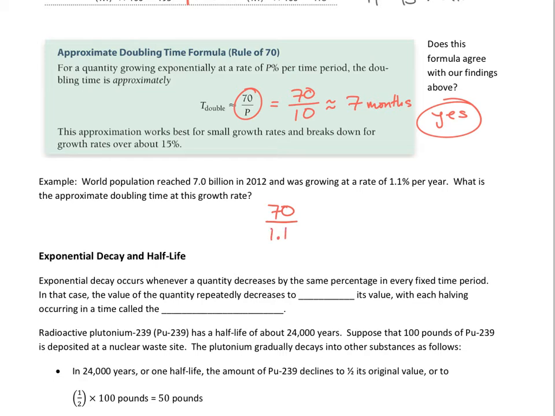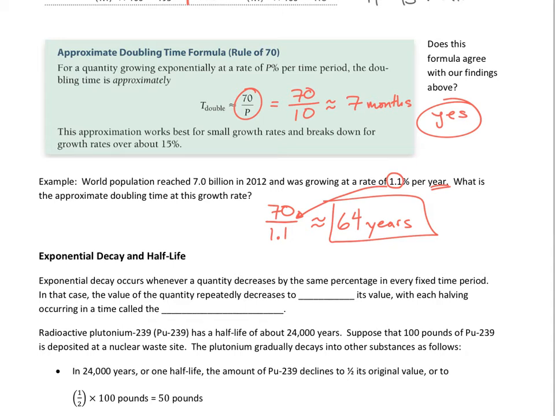And this time we do not move the decimal anywhere. In the previous example, I took the percent from up there and put it in this equation, and we got 7 months, which was about right. So we just take the percent, we don't change anything. And that ends up being about 64 years to double the world population.